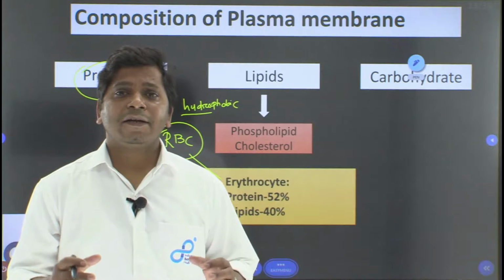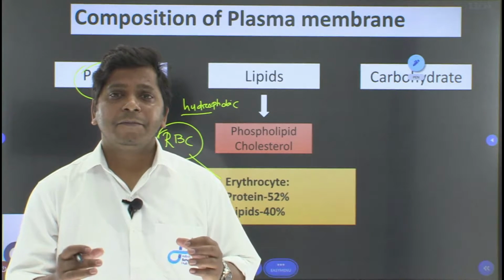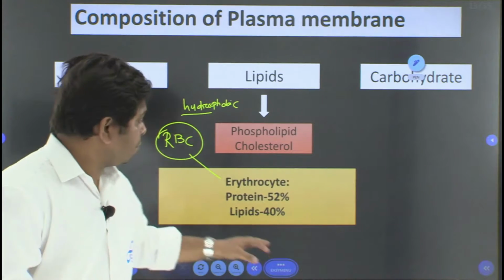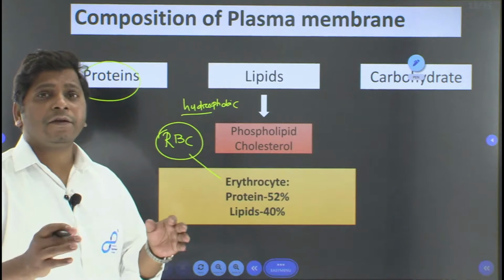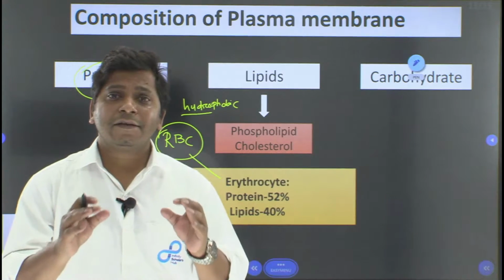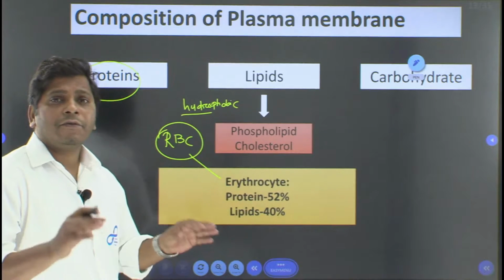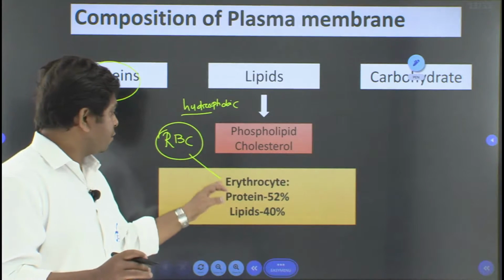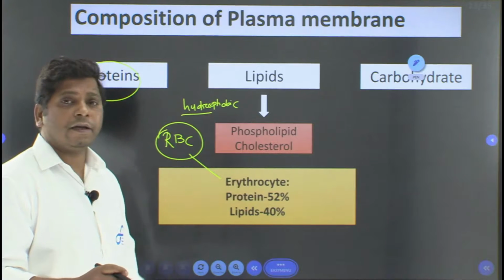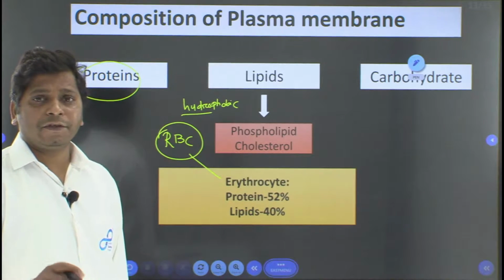This is what each cell membrane is chemically made up of. This composition will vary from cell to cell; it is not exactly the same. This is the composition for a given type of cell, the red blood cell or erythrocyte. Hope this is clear to you.